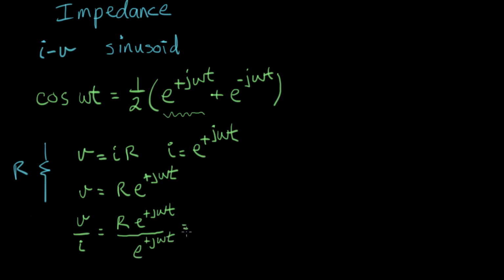And what does that equal? Well, these two are the same, so they cancel. And I get the ratio of voltage to current is R for a resistor. So for a resistor, we just proved that V over I equals R.